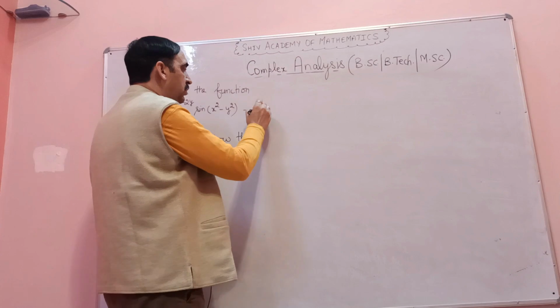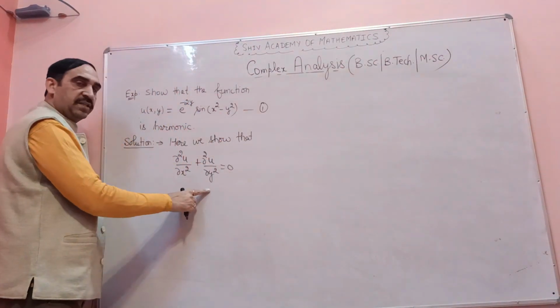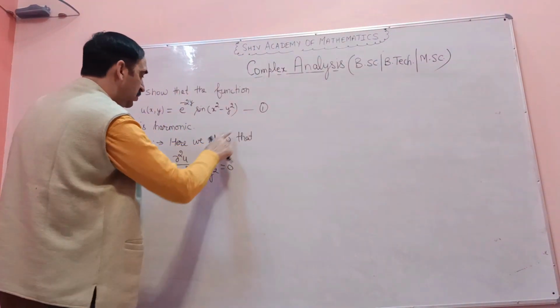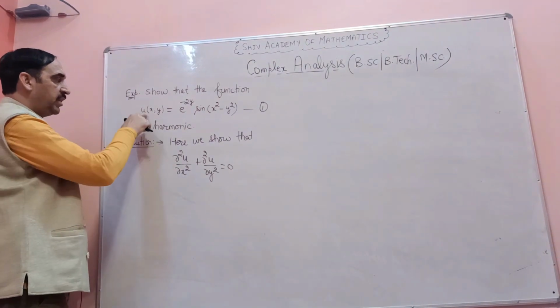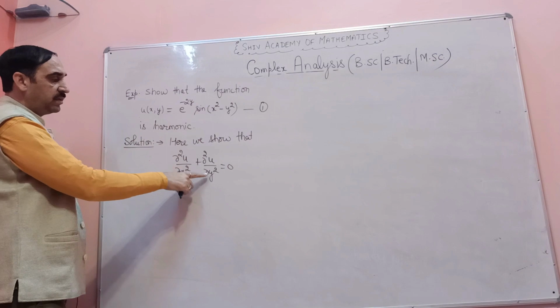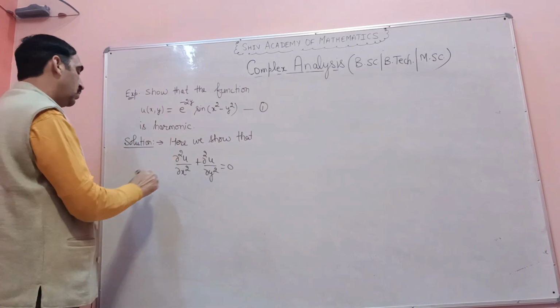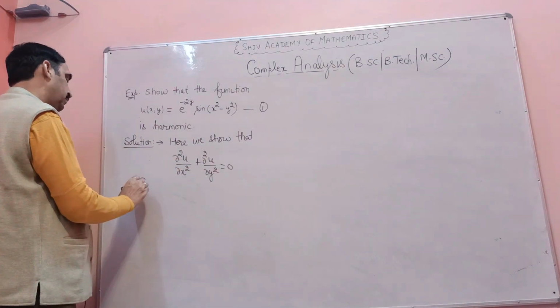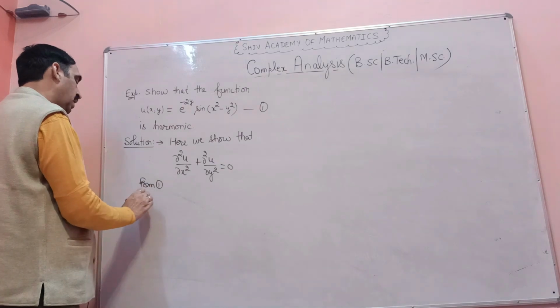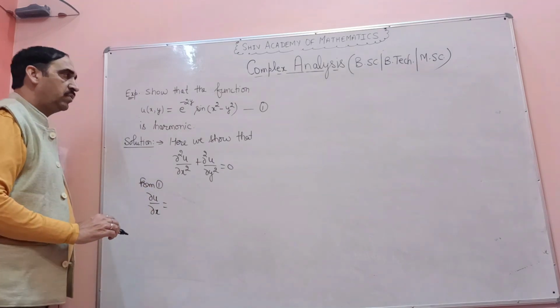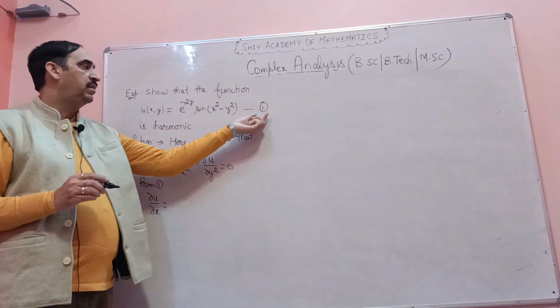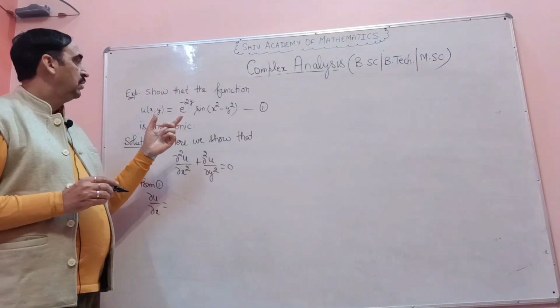So we compute these two second order partial derivatives. First of all we compute ∂u/∂x, then ∂²u/∂x², then we compute ∂u/∂y, and then ∂²u/∂y². So from 1, ∂u/∂x is what? That means we are differentiating 1 partially with respect to x.